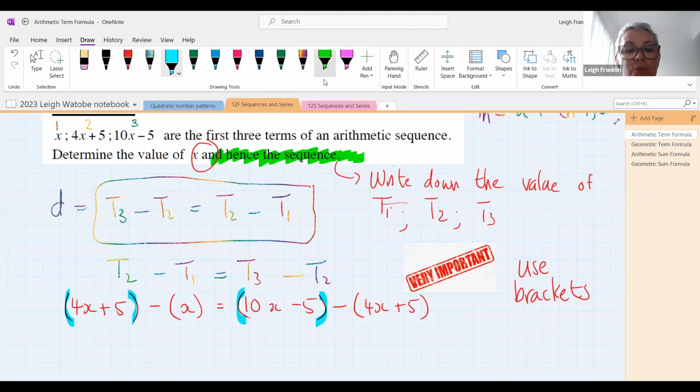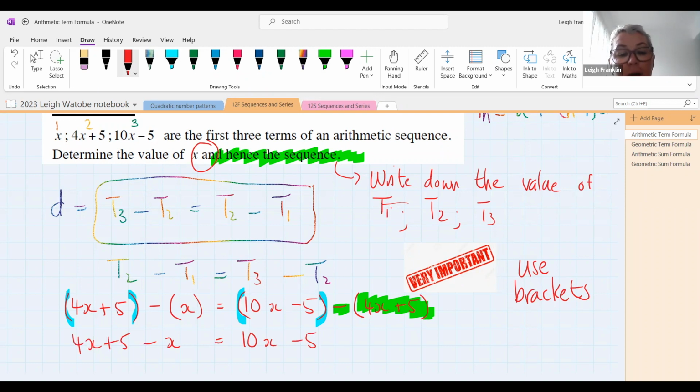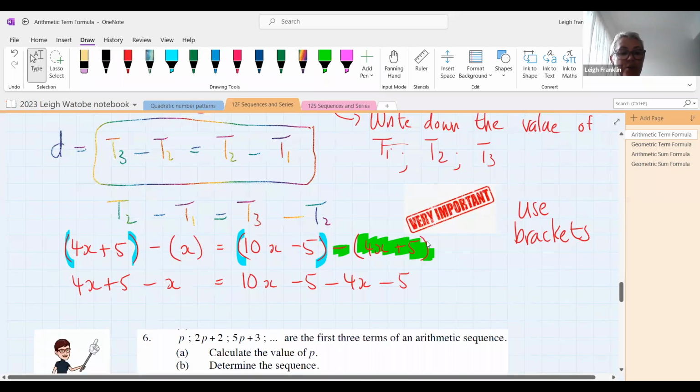But when you are subtracting something that is a binomial, you must remember to use your brackets, because you are subtracting the 4x and the 5, not just the 4x. Okay, so now we can remove our brackets. So we've got 4x plus 5 minus x is 10x minus 5 minus 4x minus 5. Very important that we do this accurately, otherwise we're not going to get the correct answer for x.